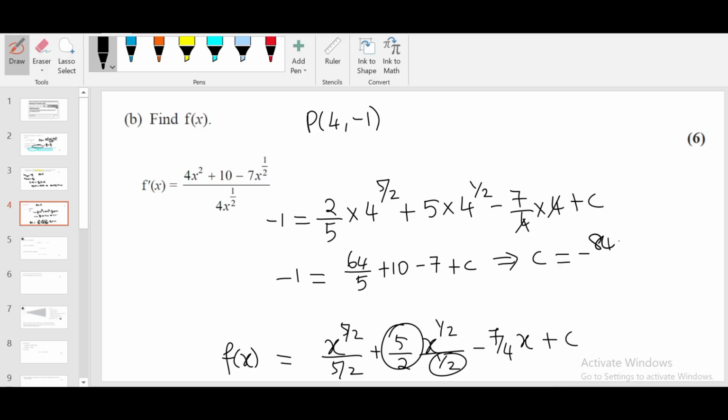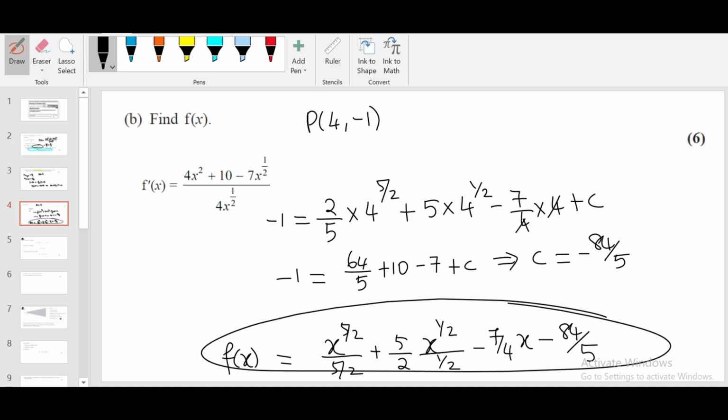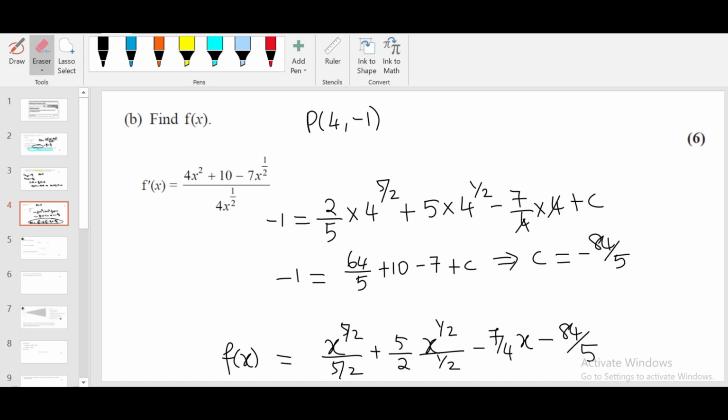And then you have to write the function finally with the c value. So the function is with negative 84 over 5. This is the function. If you don't write the function with the c value, you will lose 1 mark. That's how you find the function from the first derivative. I'm going to move on to the next question.